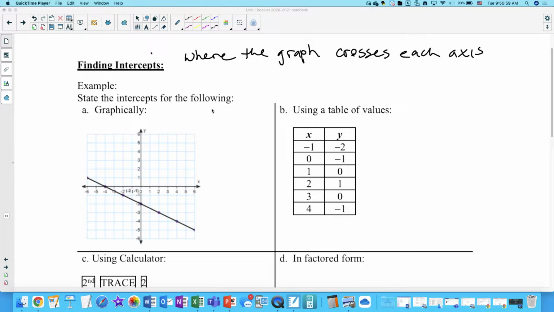Everywhere on the y-axis, one of those things is the same. Which one is the same and what is it? Yeah. Right. Everywhere on the y-axis, horizontally, you're at 0.